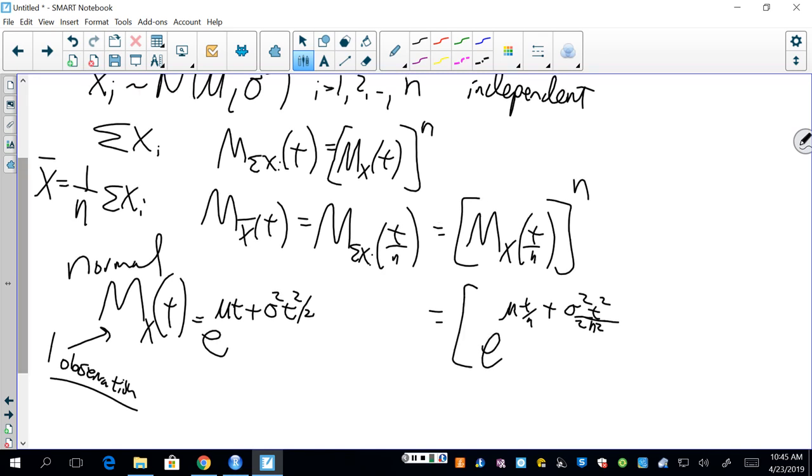And all that's raised to the nth power. But when you have something to another exponent, it's the same as multiplying across.